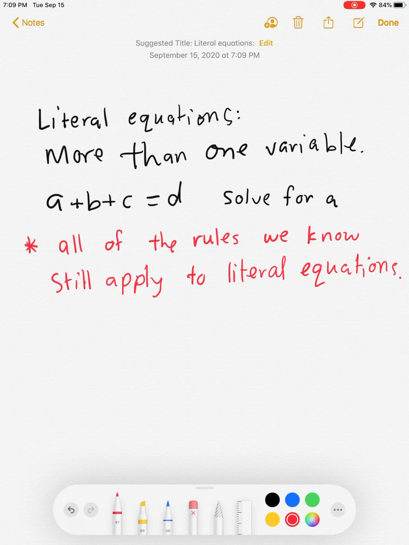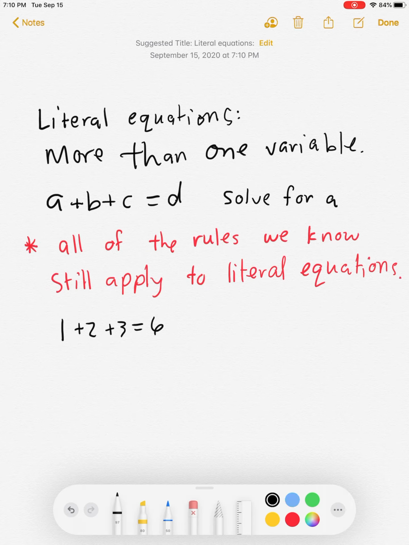All the rules that we know still apply to literal equations. So, while this looks intimidating, it really is no different than solving something like 1 plus 2 plus 3 equals 6.